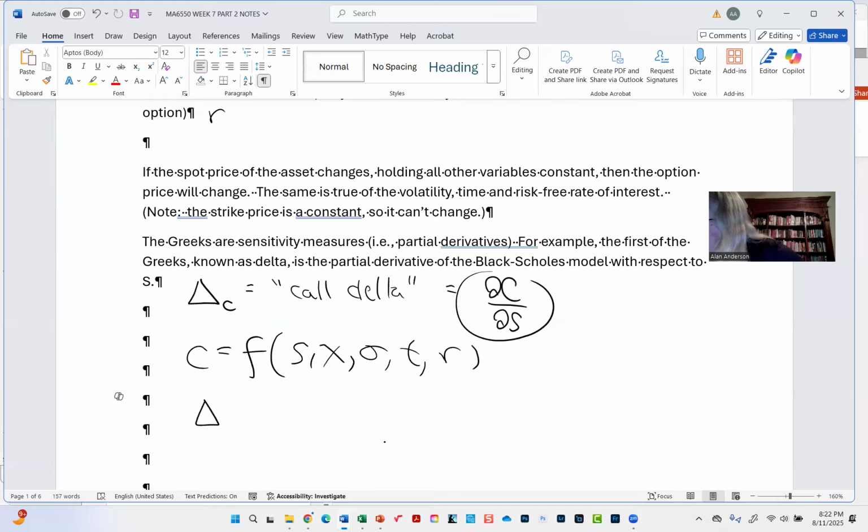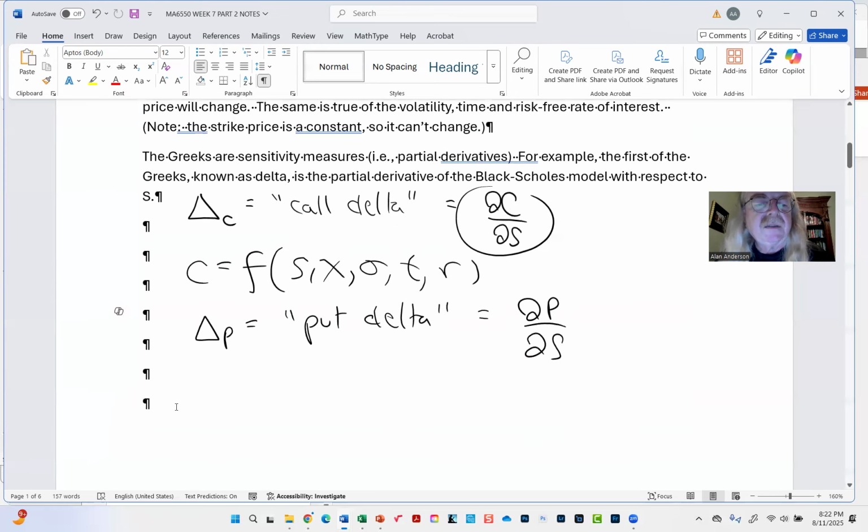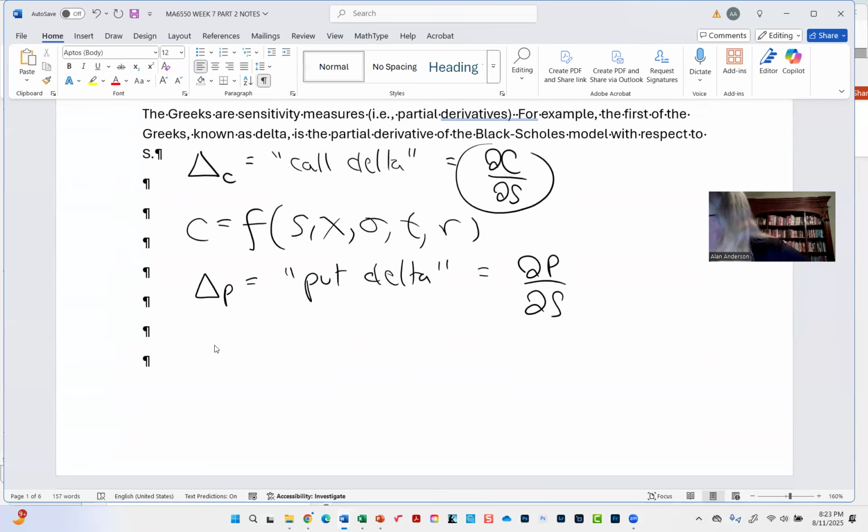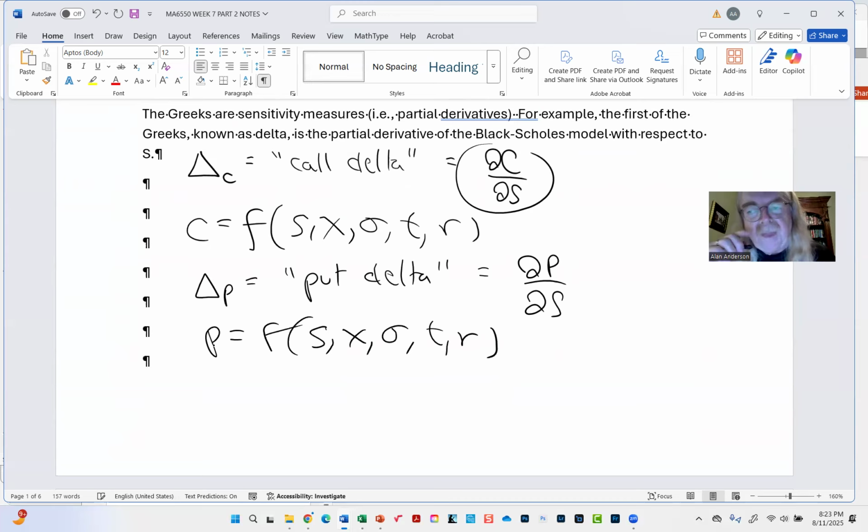And then similarly, we have one for the put. And of course, this is based on the logic that the put is also a function of S, X, sigma, T, and R. The difference being the magnitude of the change, and in some cases, the sign is different.